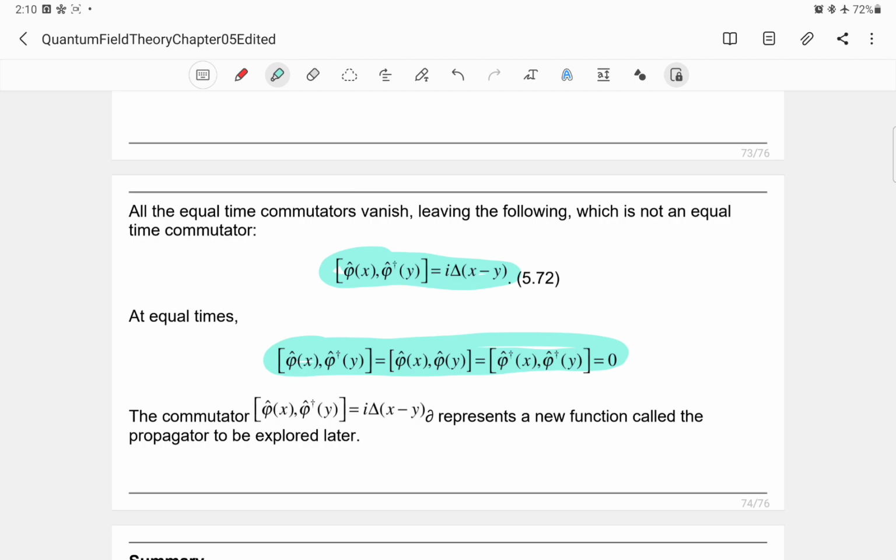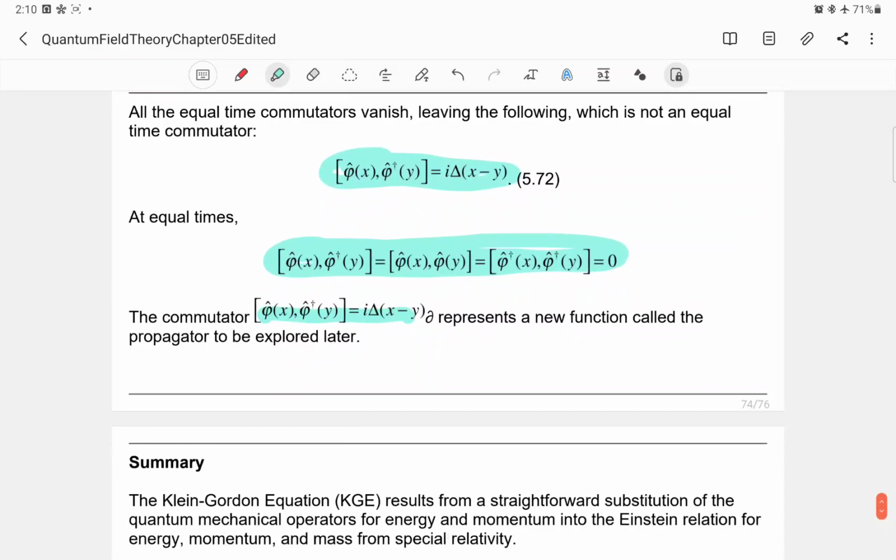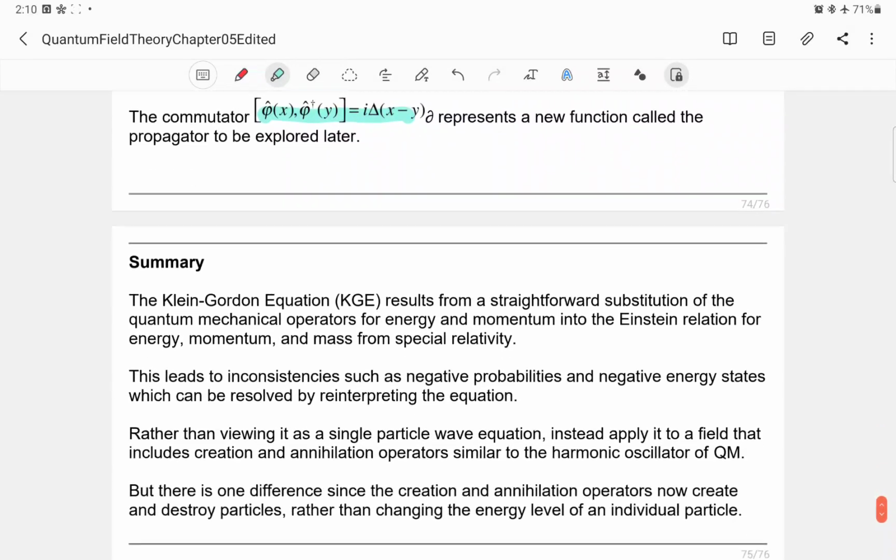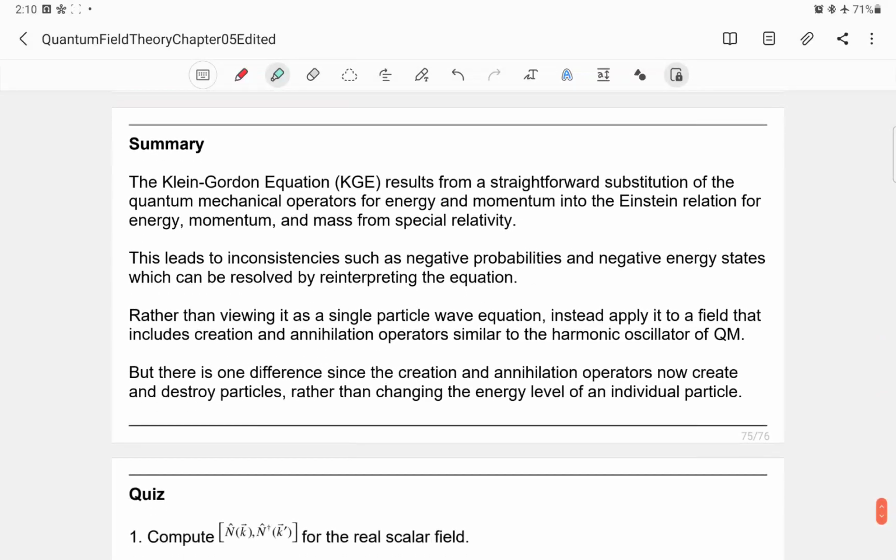By the way, this commutator is what we call the propagator, and this propagator will be discussed later on, maybe after the next two chapters. So let's look at the summary.